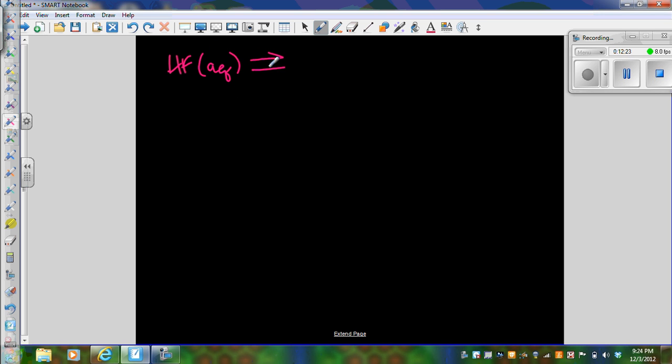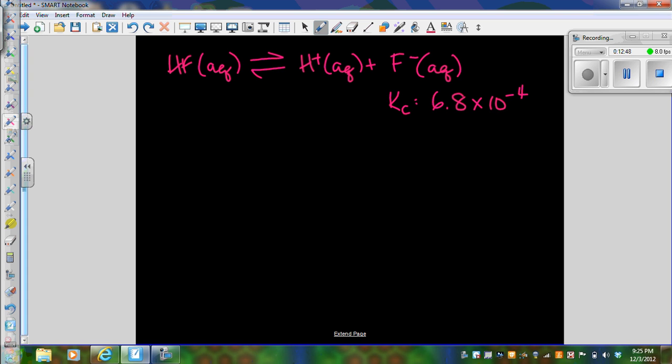That's in equilibrium with H plus, which is in solution, and F minus, which is in solution. And I am given a Kc for this that is 6.8 times 10 to the negative fourth, which makes sense. Small equilibrium constant for a weak acid. And then I am also given another equation in here.